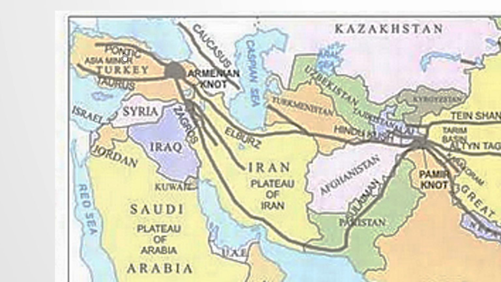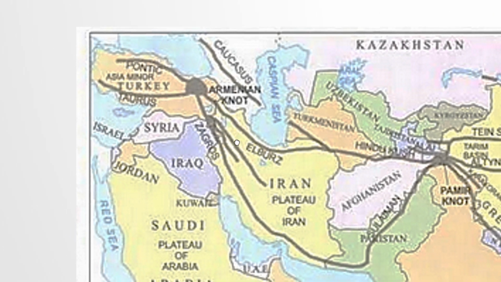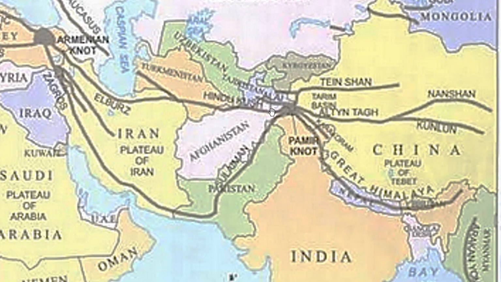In between these two ranges, we have another intermontane plateau which is known as the Asia Minor. All these ranges of mountains are very new, or they are known as new fold mountains, because they have been formed at a very later stage of the history of the earth.